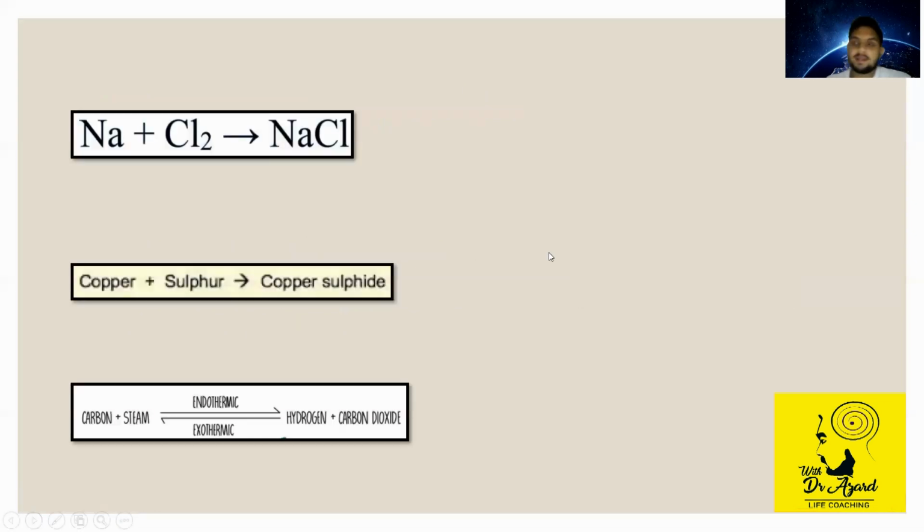Now, chemical reactions can be represented in two ways. The first example that I have given is a symbolic representation of a chemical reaction. Basically we are using the symbols of the elements of the periodic table, and we are writing an equation.